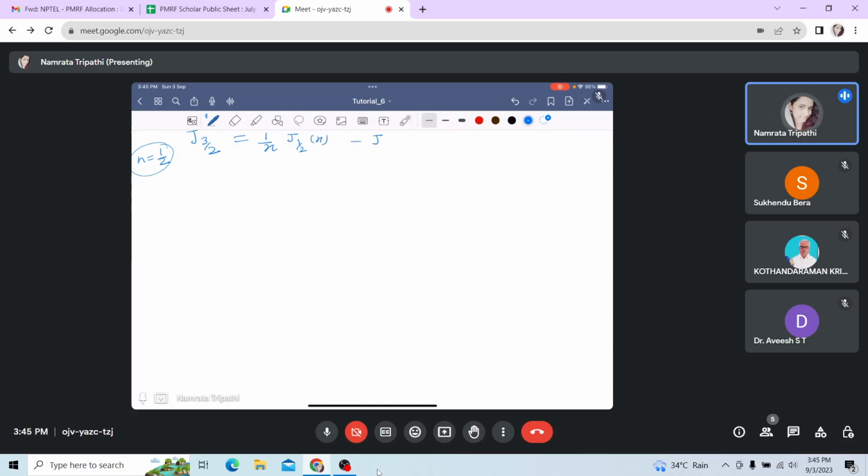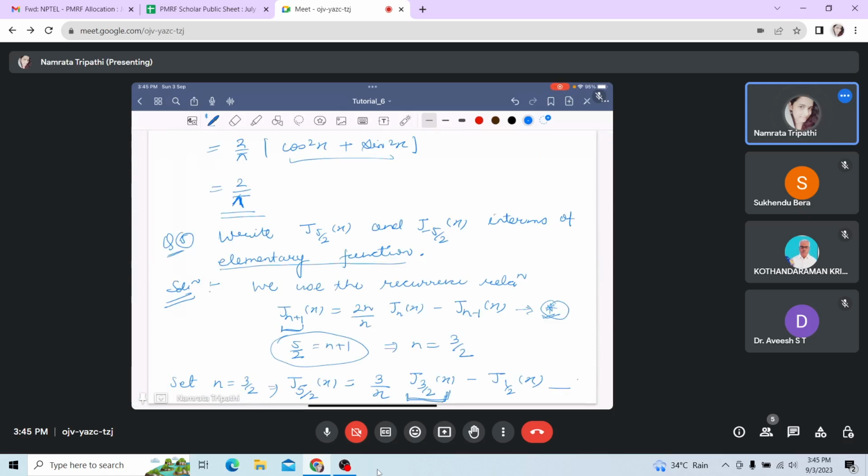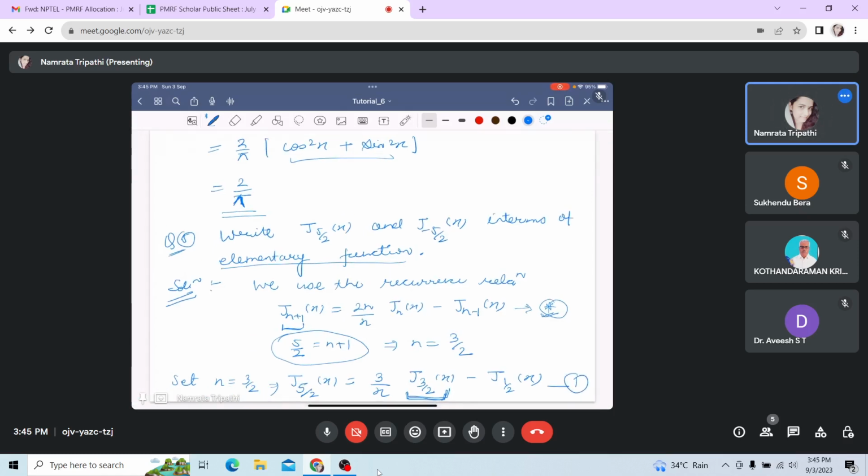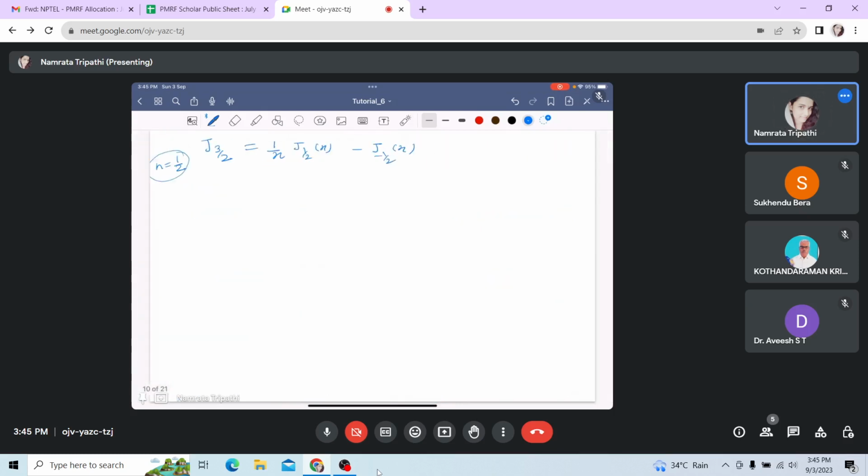So 1 by 2 minus 1 is minus 1 by 2 of x. Okay. Now we'll use this value in the equation. Let's say this is equation 1. We'll use Z 3 by 2 in equation 1. Then we'll get Z 5 by 2.